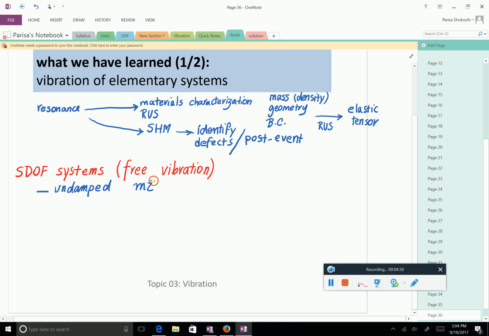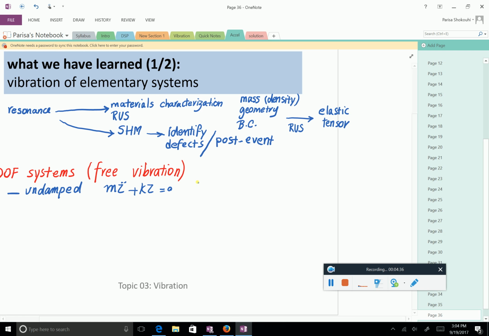This was the equation. We only have a mass and a spring, and we saw that the solution is oscillatory. You can write it as a cosine plus a sine.